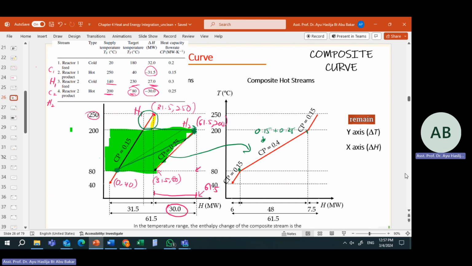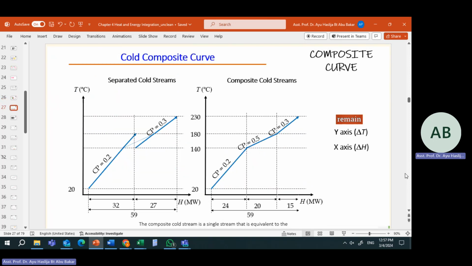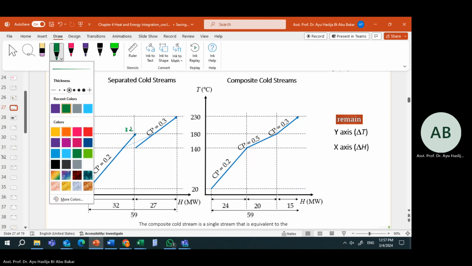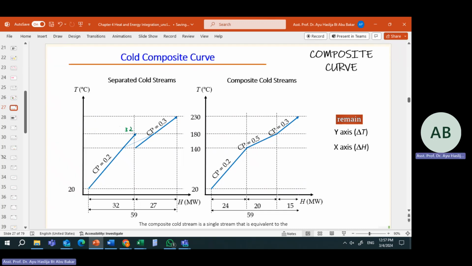Now this one is for hot. Same method for cold. For cold, plot both cold streams. C1 is from 20 to 32, sorry.